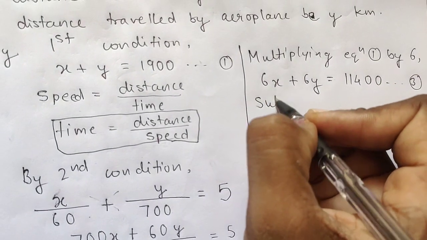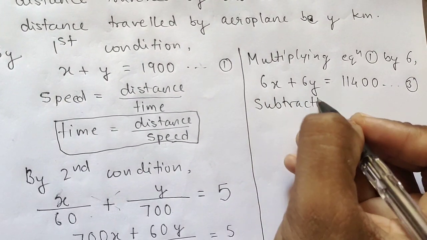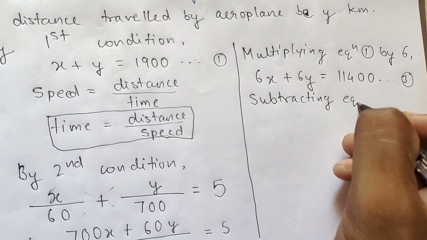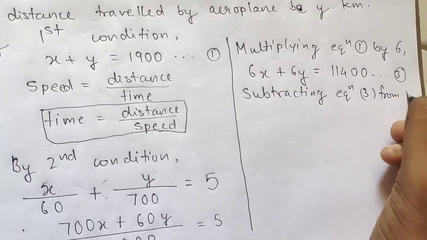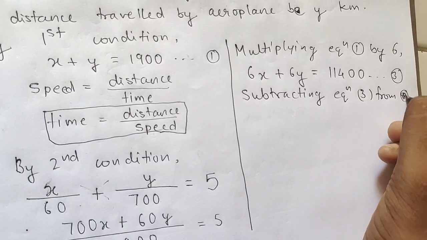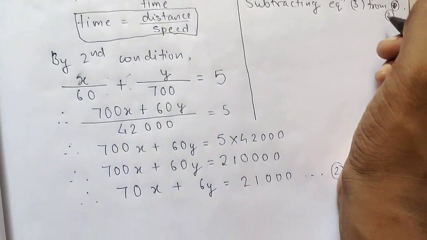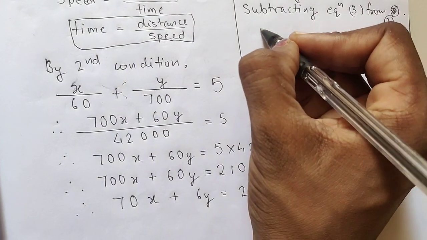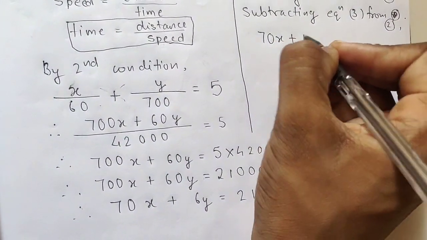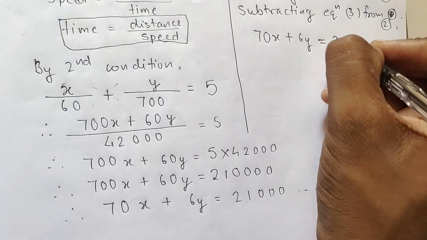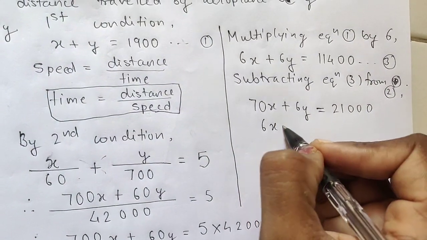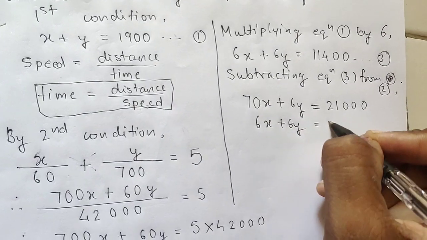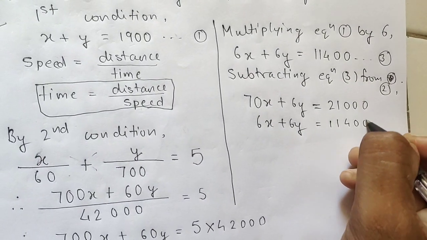Now subtracting equation 3 from 2. Now what is equation 2? 70x plus 6y equals 21,000. Equation 3, sorry, 6x plus 6y equals 11,400.